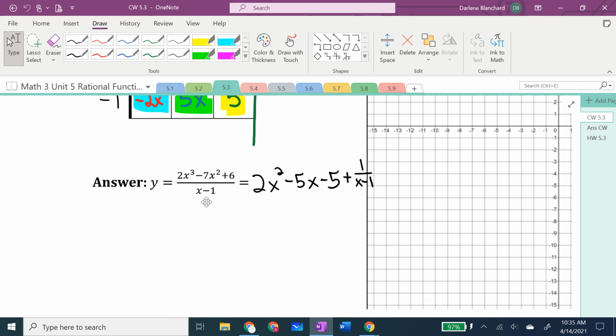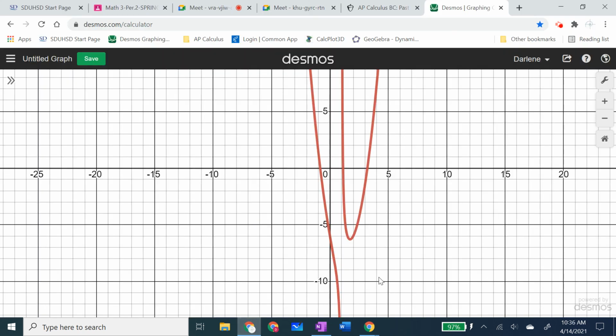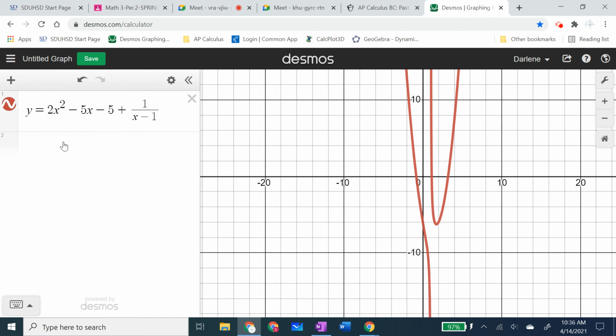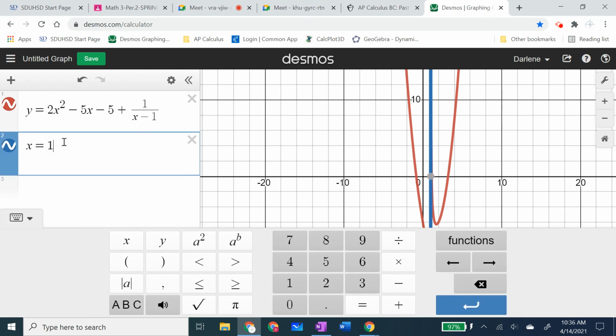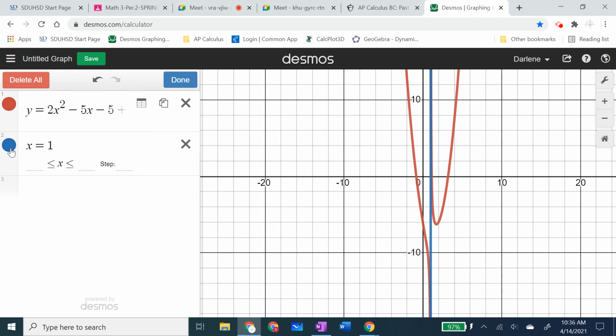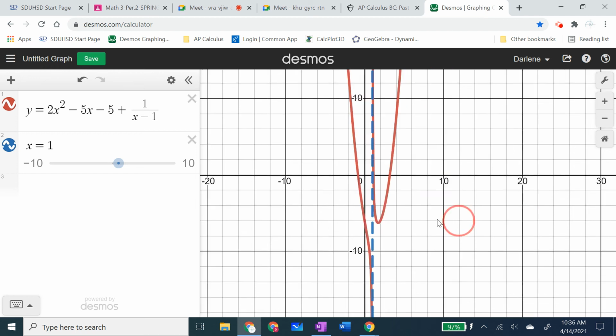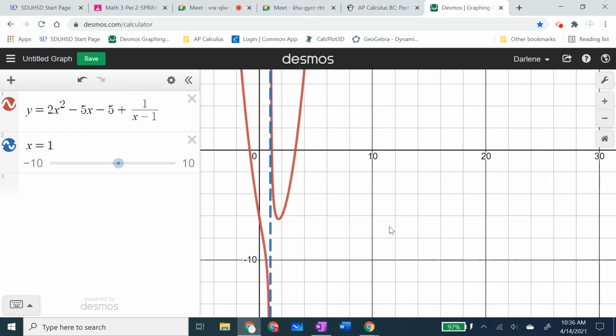X equals 1. I want you to look at the graph and see what's happening when x is 1. What's happening? Anyone want to tell me the name of what this is? What is that? It's an asymptote. So here's the thing.